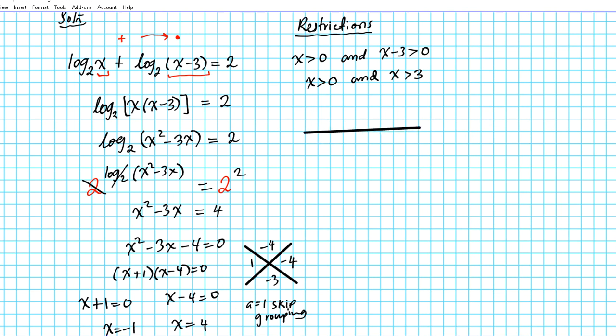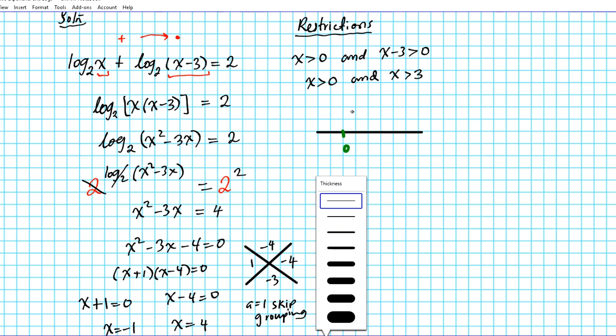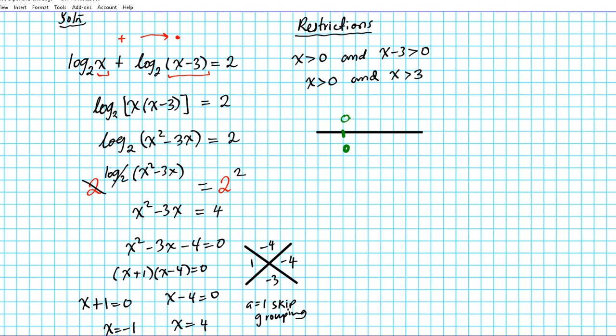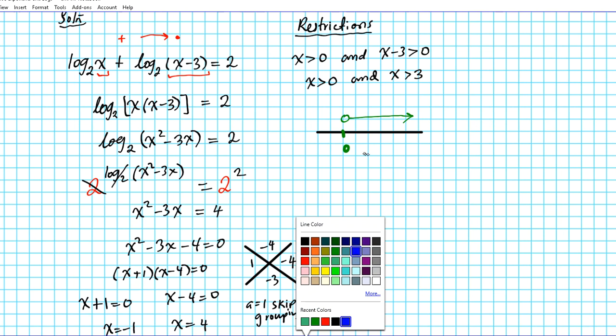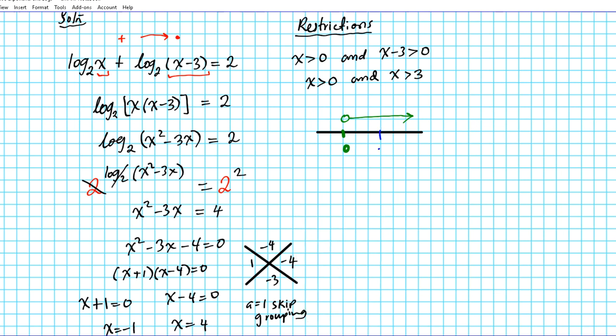Let me show that to you real quick. Why does my line keep tilting upwards? Let's say this is 0 right here. This is x greater than 0, and then we want x greater than 3.